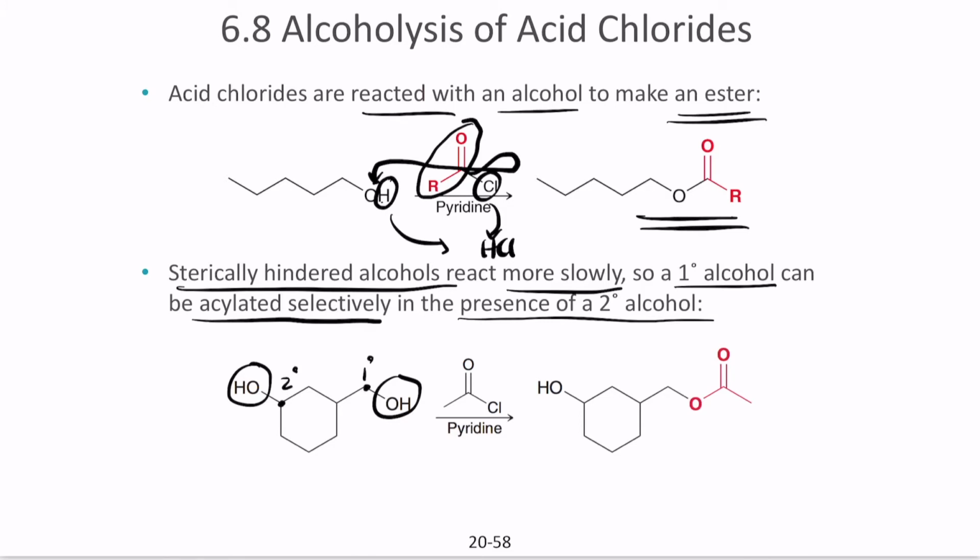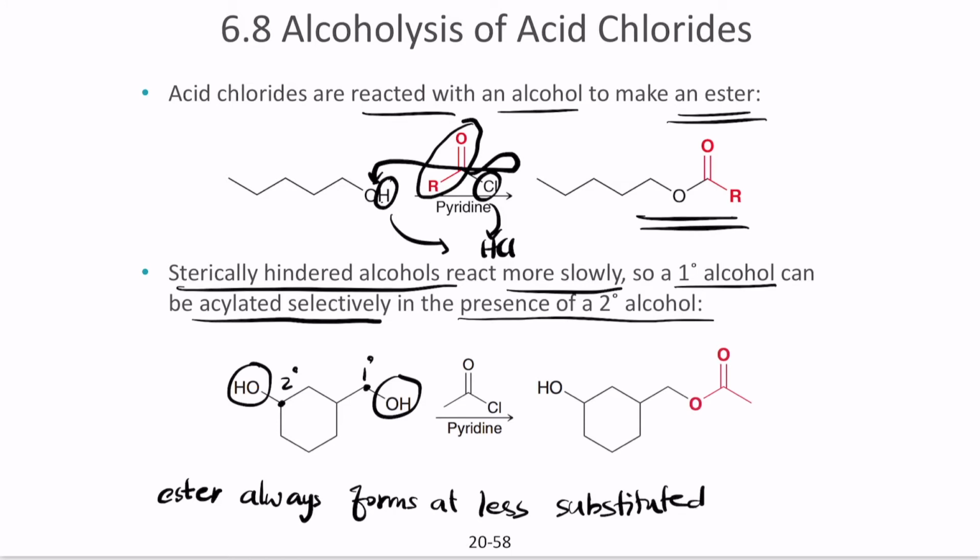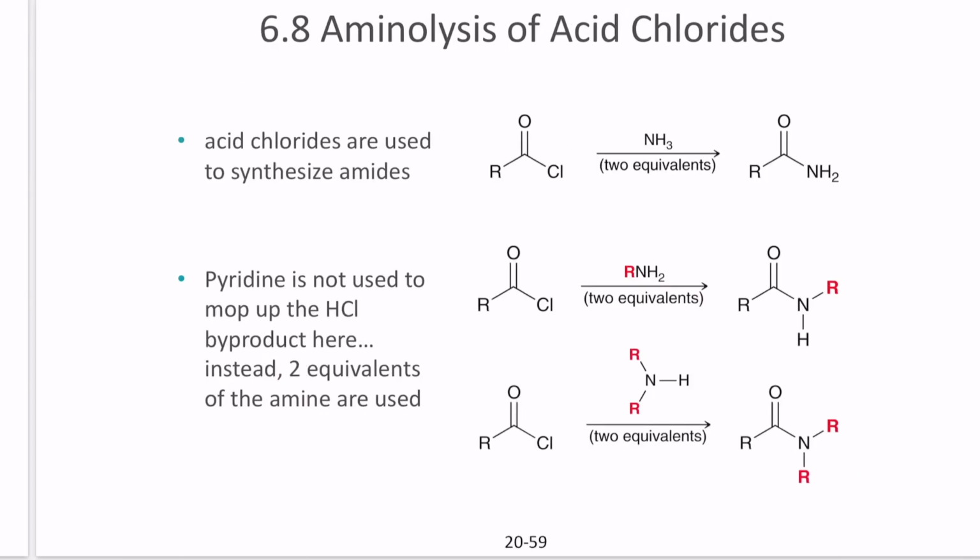So the lesser the substituent, the ester always forms at the less substituted alcohol group. So between the primary and secondary, the less substituted is the primary alcohol. That's why that carbon will be the one that forms the ester. So remember this principle here.